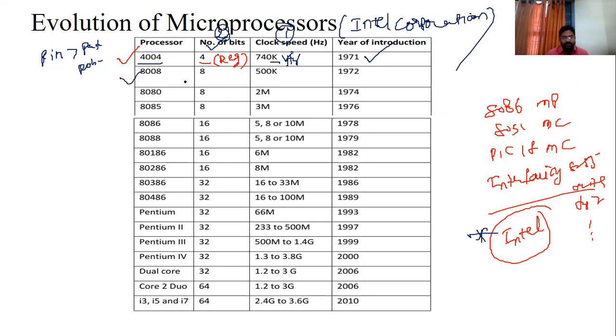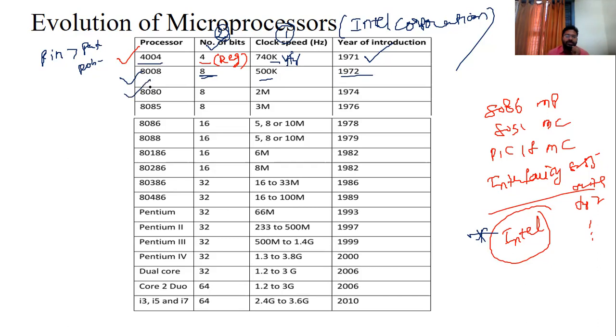So next they invented the 8008 microprocessor, an 8-bit microprocessor. The clock speed is nearly 500 kilohertz, invented in the year 1972.